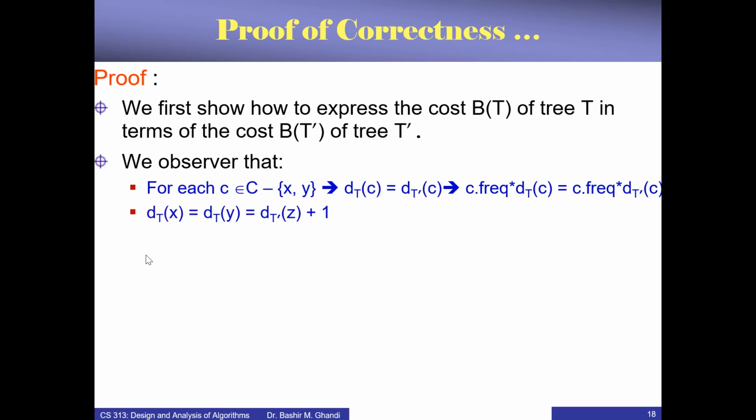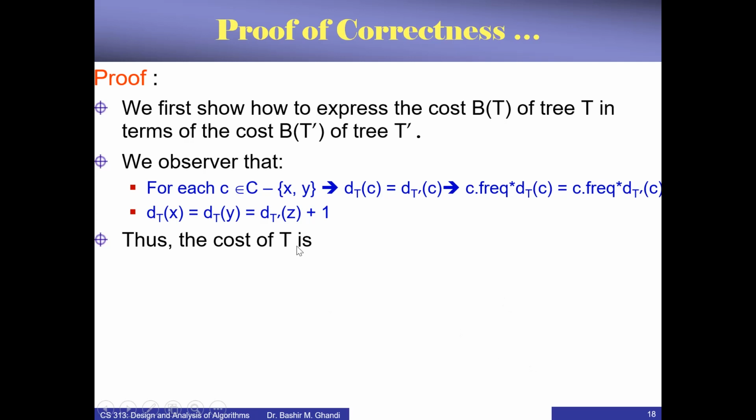The second point to note is the depth of X and the depth of Y are equal because they are siblings at the deepest level, and it is equal to the depth of Z plus 1 because Z is just one level above. So if you add 1 to the depth of Z in T prime, you will get the depth of Y and also the depth of X. This will be useful in the following, but we can clearly observe this fact.